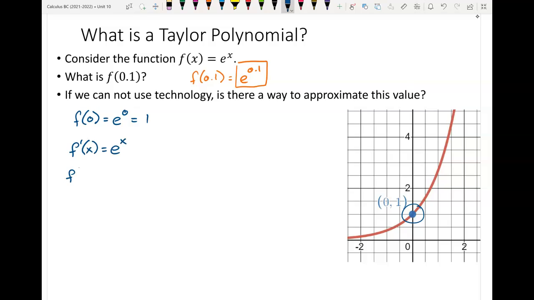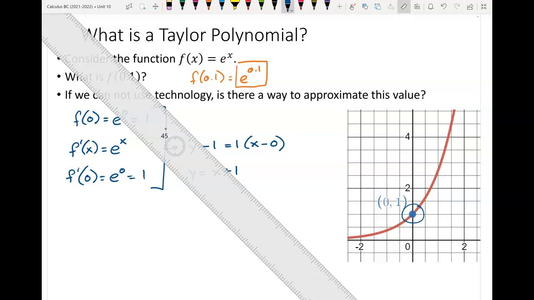Okay, so then what is f prime at 0? Also 1. So are we able to build a tangent line equation from that? That'd be y minus 1 equals 1 times x minus 0, right? So that gives us the equation y equals, what, x plus 1?